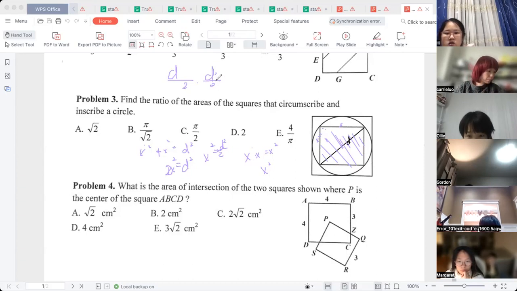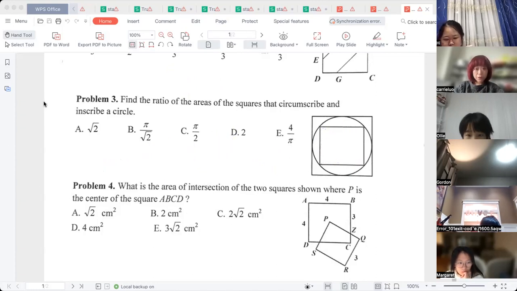The circle inscribed in the square of d. So we have d squared over d squared over 2. So the answer is 2. So the answer is D.